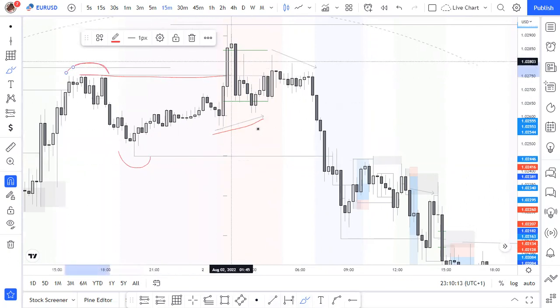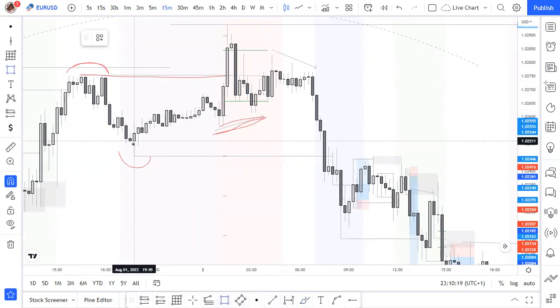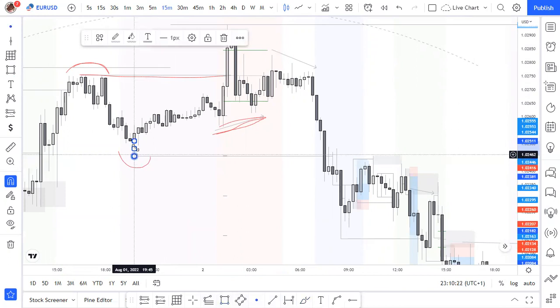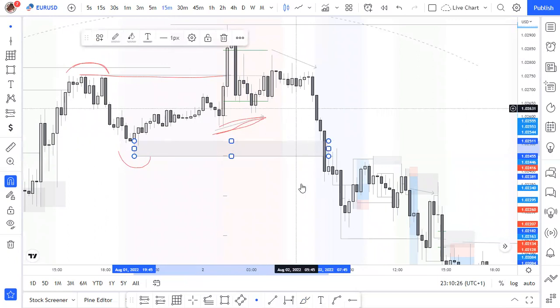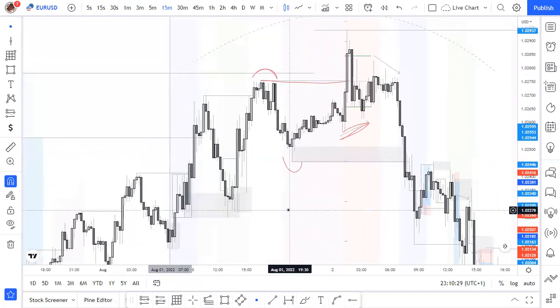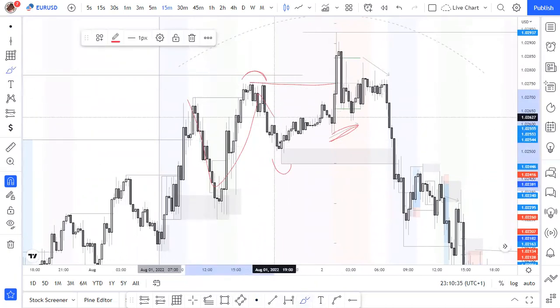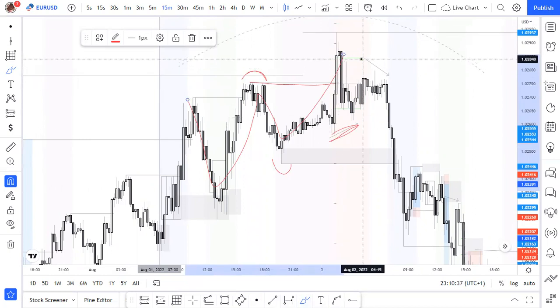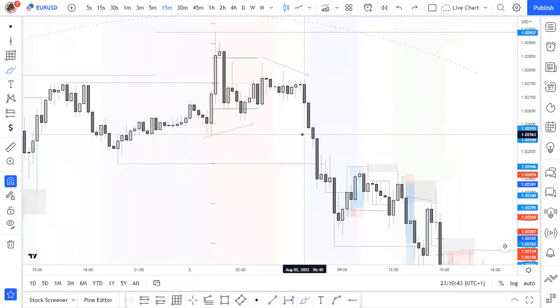Essentially, I wanted to see price take out this low and then come into this demand zone here. I actually had it marked out today. Since we are bullish, since the 15-minute structure is making higher highs and higher lows, I wasn't trying to look for some kind of reversal.